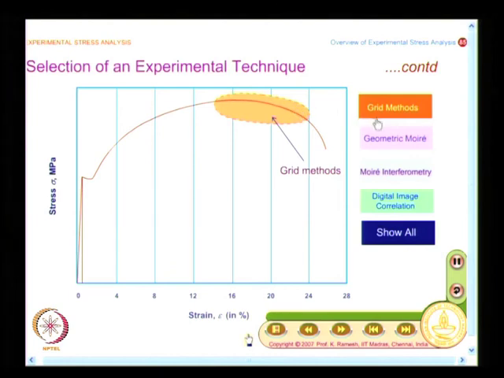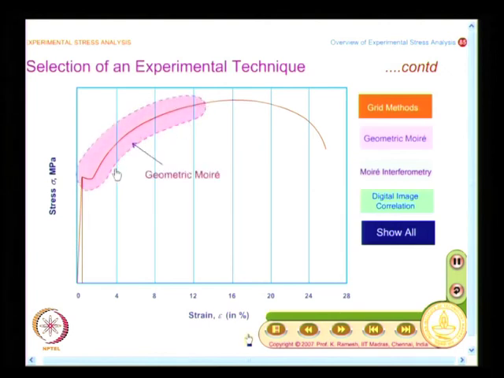And when you come to geometric moire, I would have it somewhere here, this is how I will be able to do this, and if I want to go lower, then I can go for moire interferometry. What you need to worry about is this end point and start point. This shape is for convenience, for aesthetic beauty some shape is drawn.